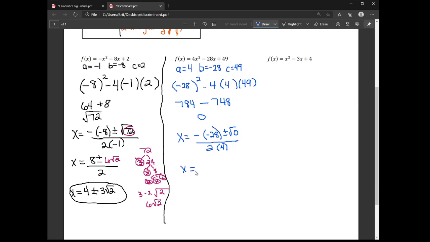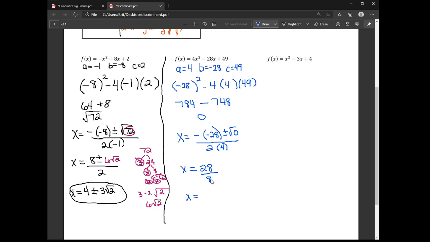So when I go to simplify, these double negatives cancel out, leaving me with a positive 28. The square root of 0 is 0, so it doesn't matter if I add that 0 or subtract that 0, it's not going to do anything. So I'm just going to leave that 0 out.